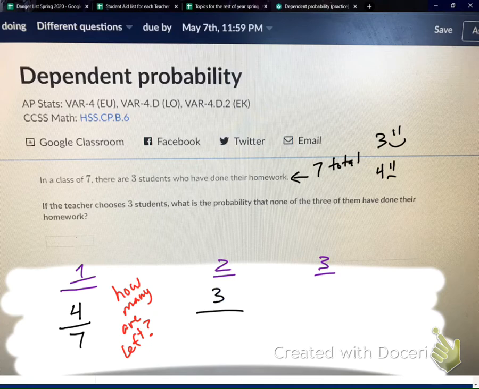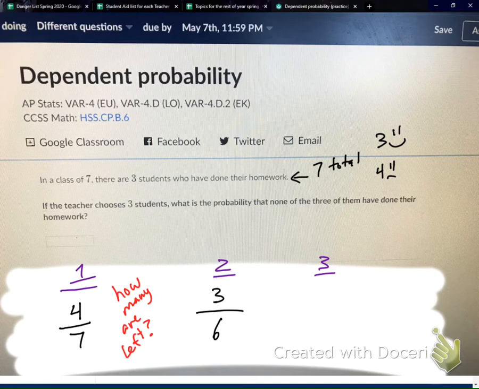And not only that, instead of having a total of 7 students to choose from, now I only have 6 students to choose from. So the first chance was 4 out of 7 that I would pick a student that hadn't done their homework. But now that that one student has been chosen, both the number available and the total number of possibilities have been reduced by that one student that got picked. So now I'm down to 3 out of 6.